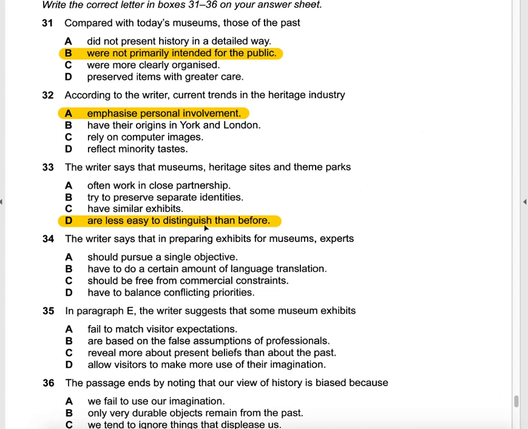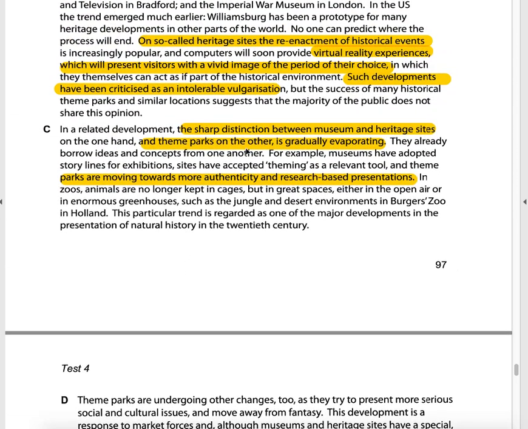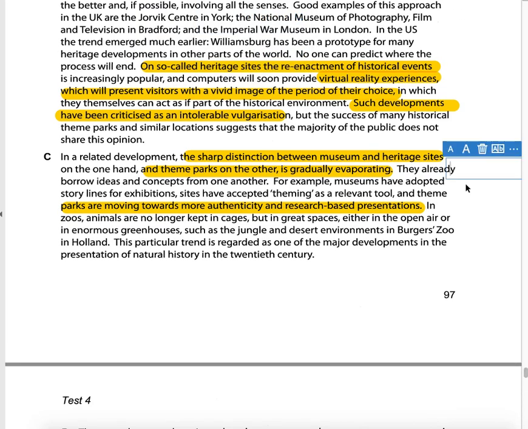Look different. But it says they're less easy to distinguish. So you can't really see the differences. And that's the same thing like here. It says the distinction, distinguish comes from there, is disappearing, evaporating. Okay? So 33 and 27 really from there as well.